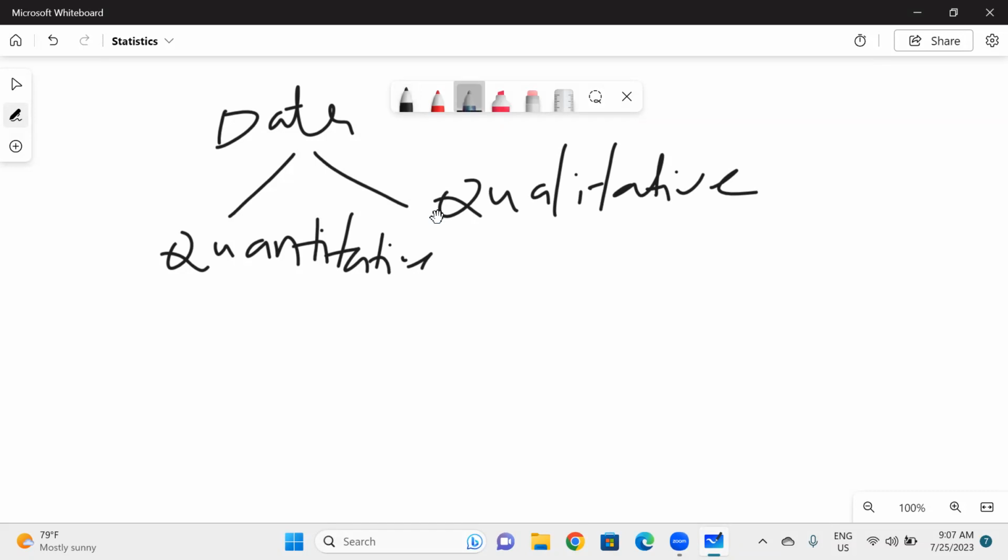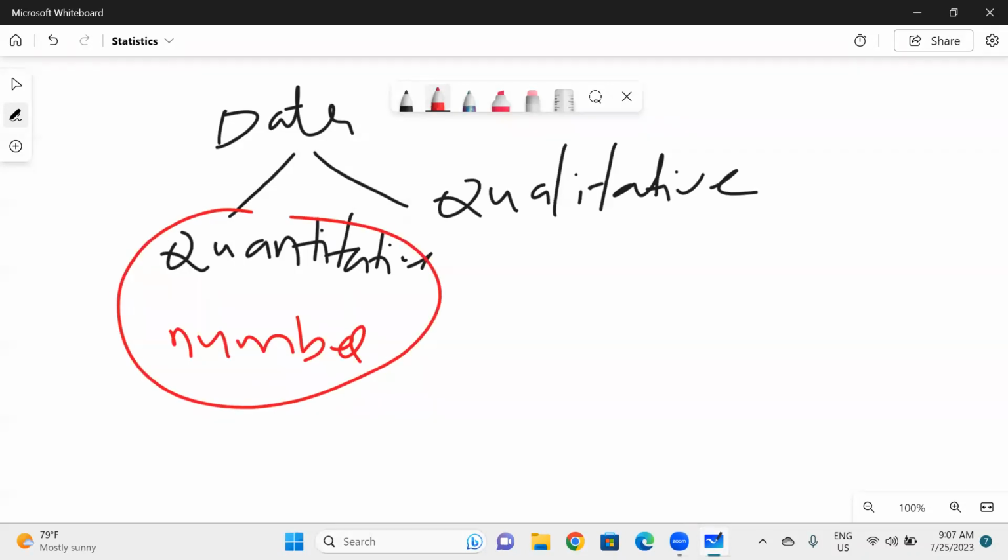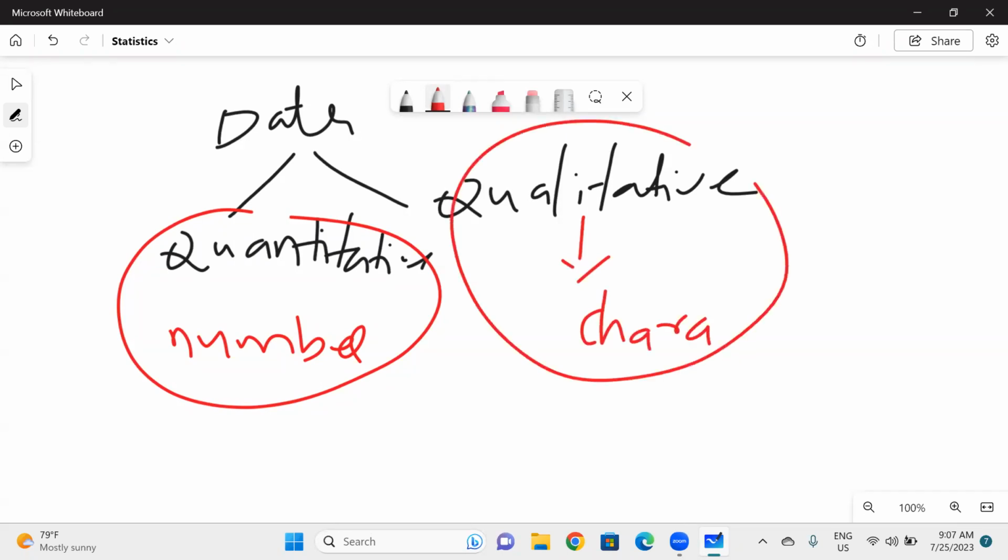The main difference between quantitative and qualitative is numbers. When the data is in the format of continuous numbers, we call it quantitative data. When the data is character type or categorical type, we say it's qualitative data.